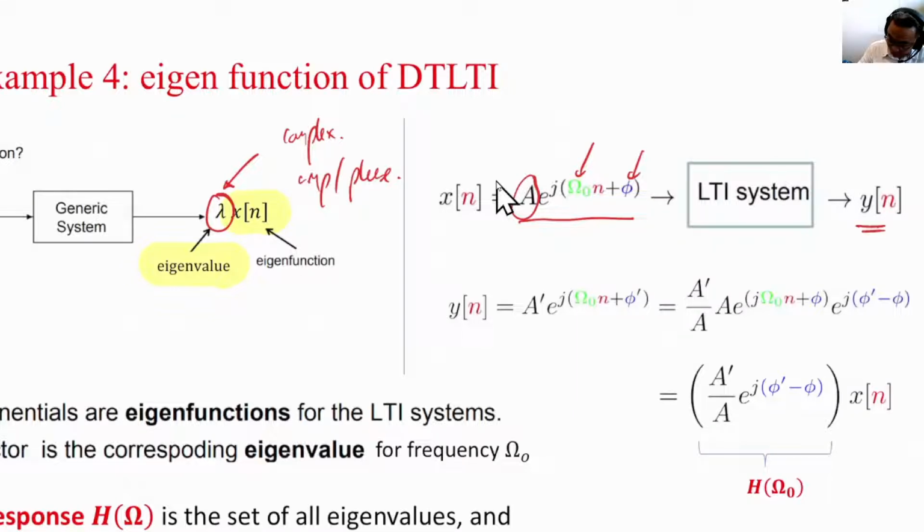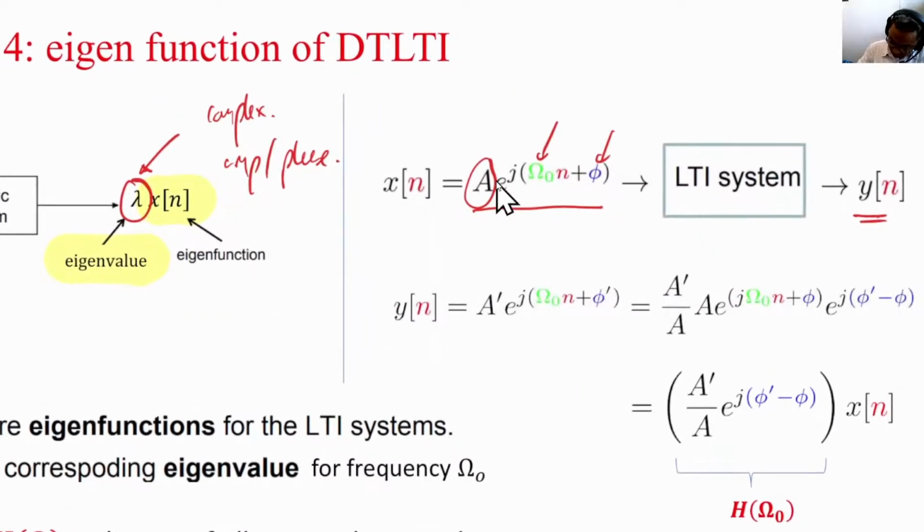Then what will happen to y[n] is that the magnitude will be changed from A to A prime, and its phase will be changed to phi prime, where phi prime is phi plus whatever new phase that it has encountered.